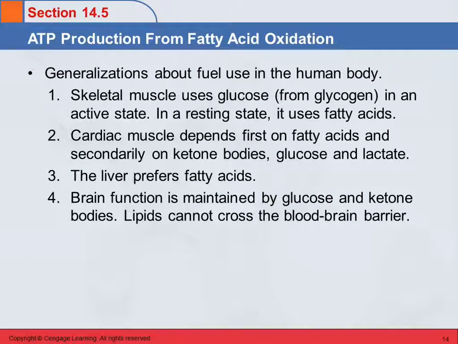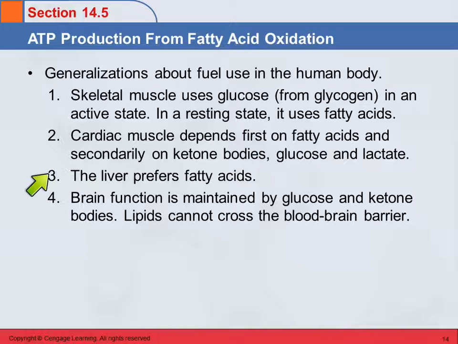Here are some generalizations about how your body uses fuel, food. I thought this was pretty interesting. Your skeletal muscle uses glucose from the glycogen when it's in an active state. But in a resting state, it uses fatty acids, which would come from lipid metabolism. Your cardiac muscle, your heart, depends first on fatty acids and secondarily on ketone bodies, which we'll talk about in a minute, glucose, and lactate.